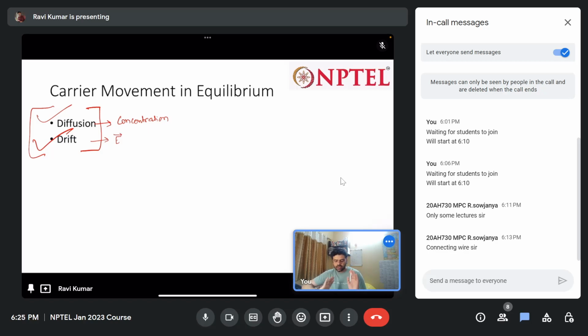If a PN junction diode is at equilibrium, which phenomenon will take place, diffusion or drift?